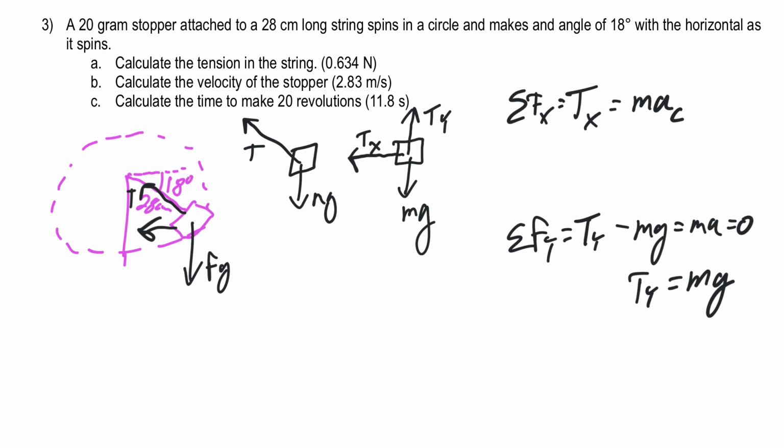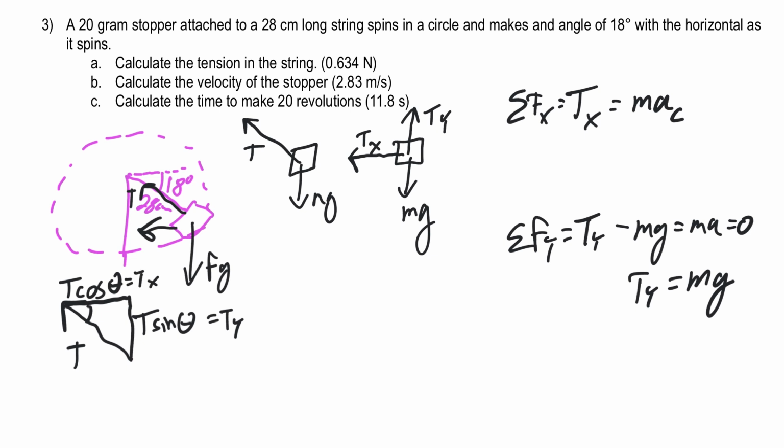All right, so the next thing we really should do is fix our tensions, find our Tx and Ty. So for example, this is T. Let's draw a triangle here. This is our angle theta. This would be the cosine, T cosine theta, that's the adjacent side. Over here would be T sine theta, that's the opposite side. So this was our Ty, this is our Tx.